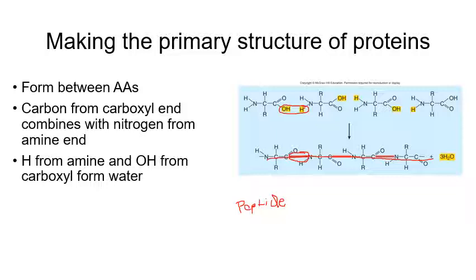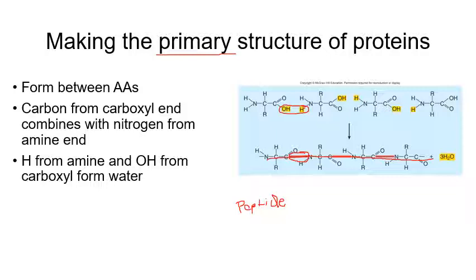Okay, and there are different levels of structure of the protein, because this long chain of amino acids is not a functional protein. This chain just gives it its primary structure.